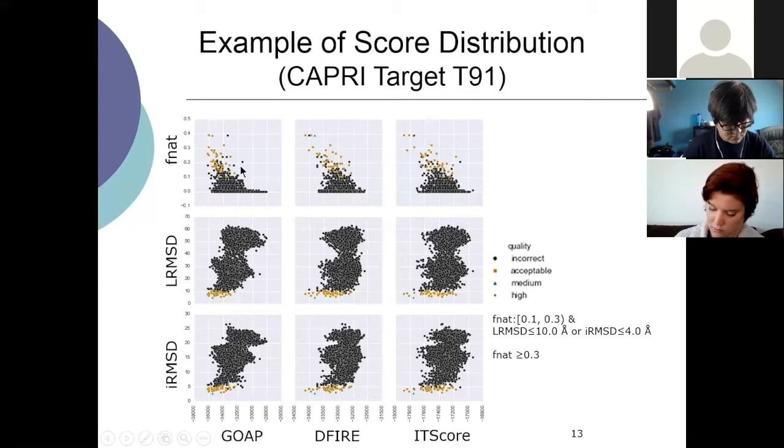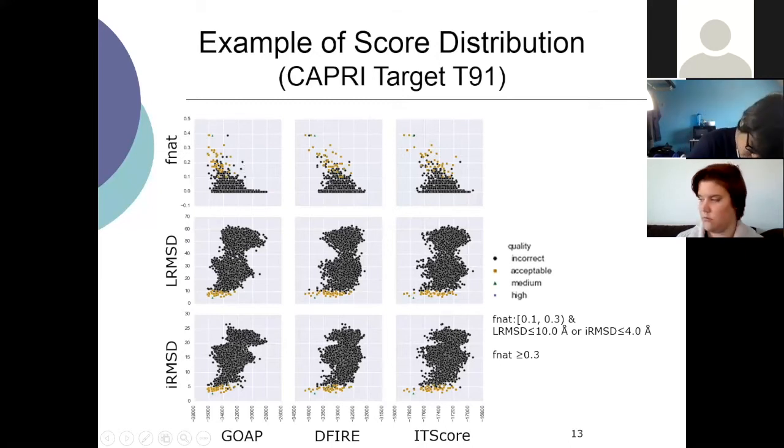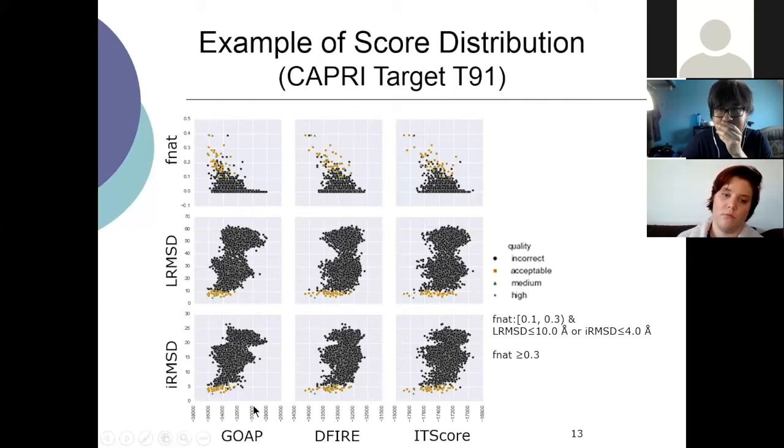FNAT is the fraction of native contacts, where higher is better. At the interface of the protein model, it counts the fraction of atom pairs, the native contacts, which are correctly recovered by the model. So that is how GOAP, DFIRE and ITScore perform in good cases.